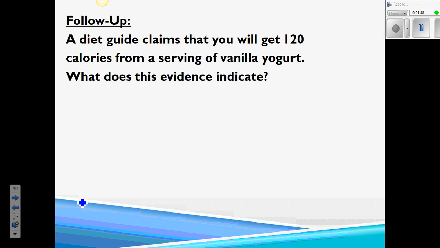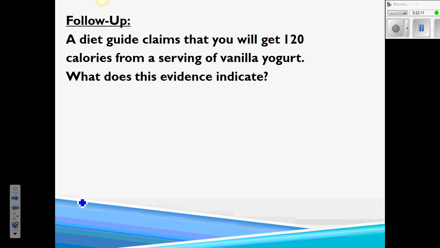Follow up. A diet guide claims that you will get 120 calories from a serving of vanilla yogurt. What does this evidence indicate? What does the evidence that we just made say about this?